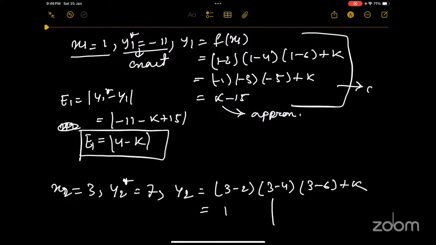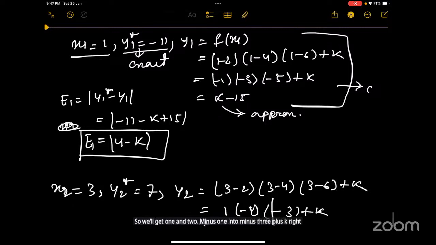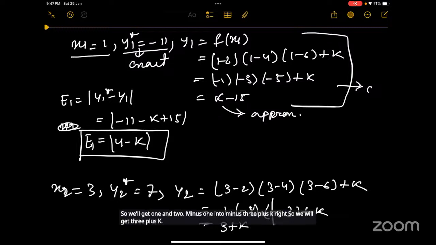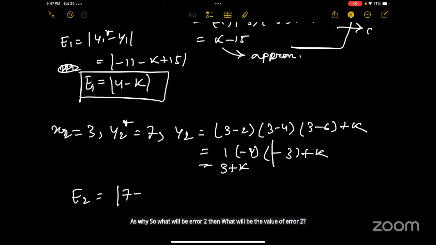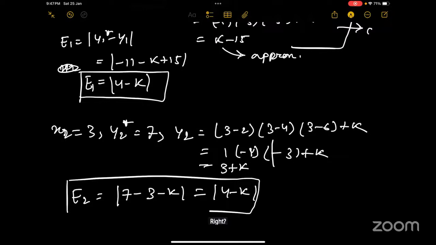So we'll get 1 into minus 1 into minus 3 plus k, right? So we will get 3 plus k as y2, right? So what will be error 2 then? 7 minus 3 minus k, which is 4 minus k, right? Is it fine?